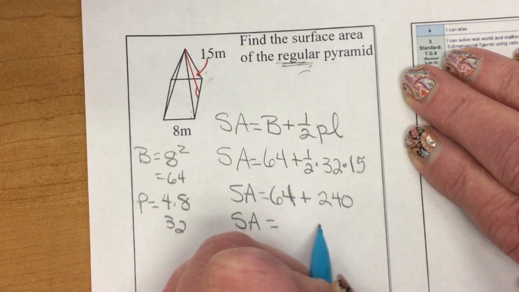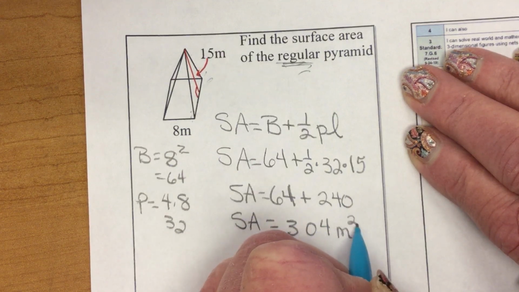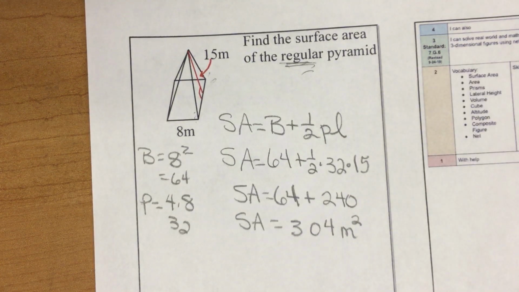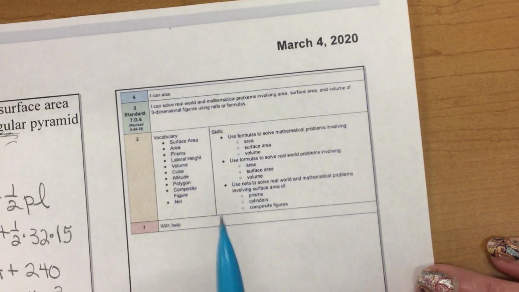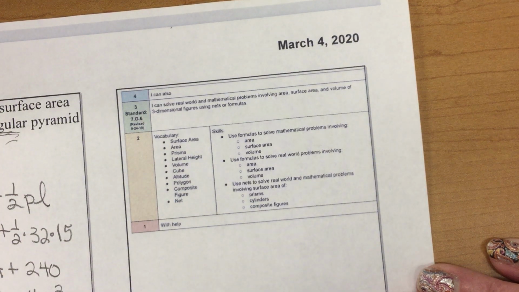Total surface area, 304 meters squared. Again, finding surface area of three-dimensional figures using formulas.